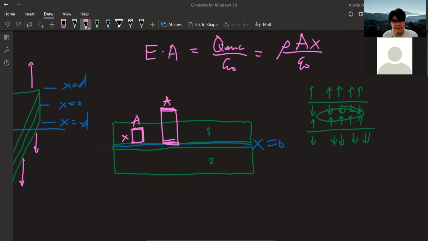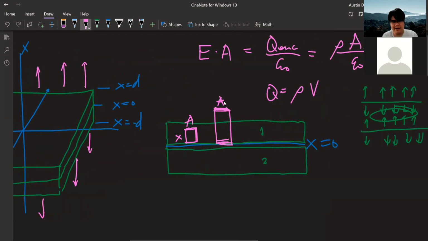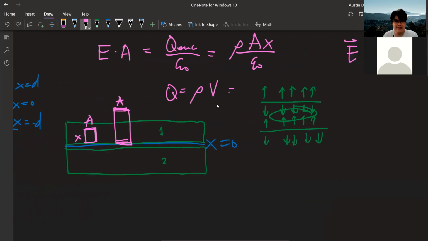Because Q enclosed should be rho times the volume that I occupy. Okay? So, volume is length with height, and yung meron tayong area agad. So, that's A times a length na lang. Okay? Which is yung height nung Gaussian surface ko.